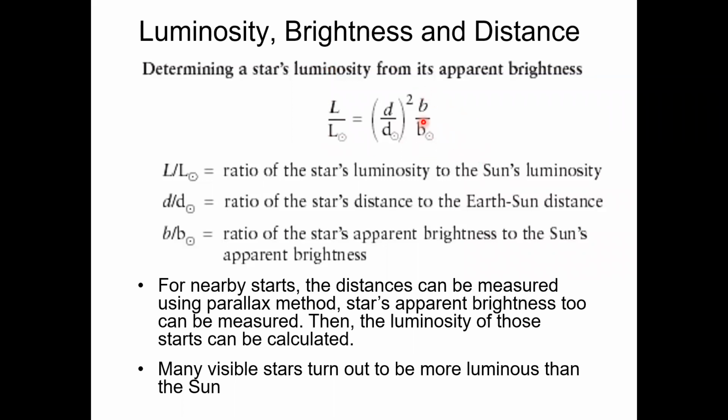On the right-hand side, you can see the apparent brightness, B over B sun, and the distance, D over D sun. This is not a new equation. It's a ratio between the same quantity for the star and that of the sun. We quite often use this to calculate certain parameters of other stars as a factor of the same parameter of the sun.